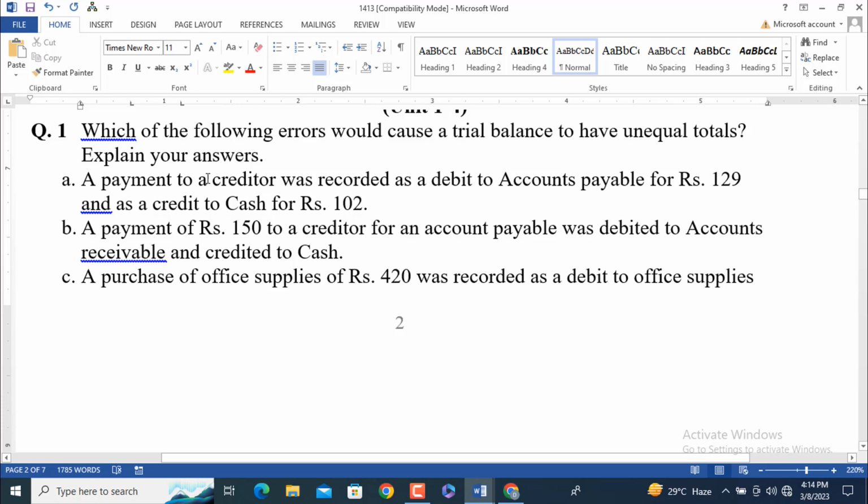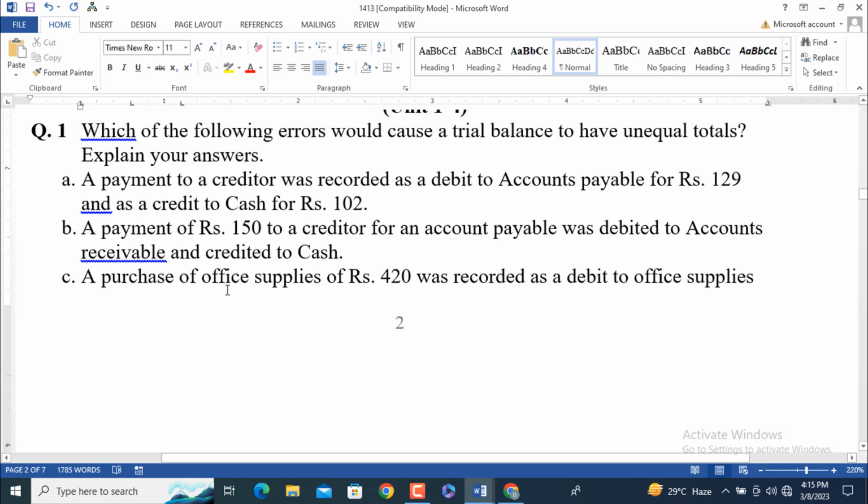It means our accounts receivable increases and our cash account decreases by the amount 150. So one aspect of the debit column of the trial balance increased by 150. At the same time, our debit balance of the trial balance is reduced by 150. So both transactions nullify each other and there will be no effect on the totals of the trial balance.